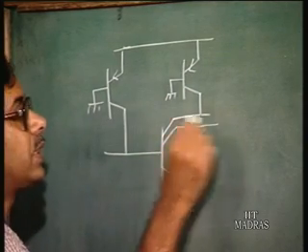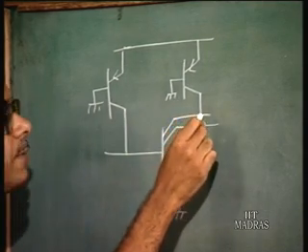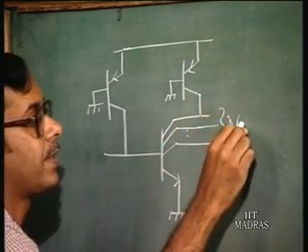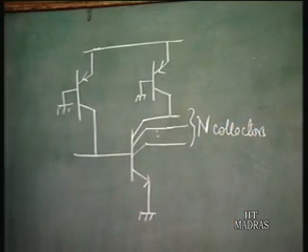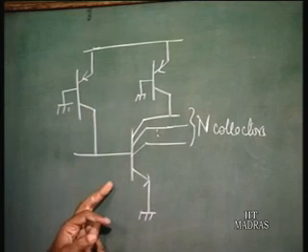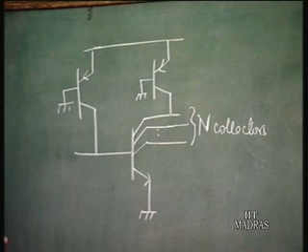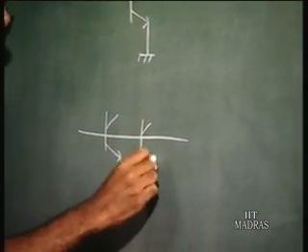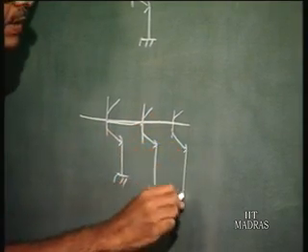All right. So we had started that discussion, and so this is the I squared L cell, and this is a transistor with, say, n collectors, where n is any number. As we had said, we will assume that this multi-collector transistor having n collectors is actually n transistors in parallel, that is, the bases are all shorted, emitters are all grounded, and they just have separate collectors.